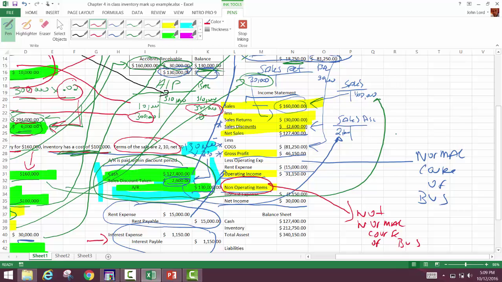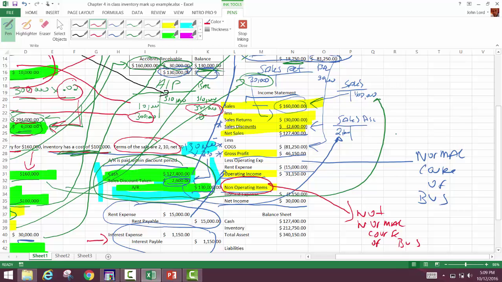This is what your operating income was. And then we see that you did something a little different, not in the normal course of business, so we see those expenses separately. We call them non-operating. Our operating income minus our non-operating items gives us net income. We call this a classified income statement. Okay, good.